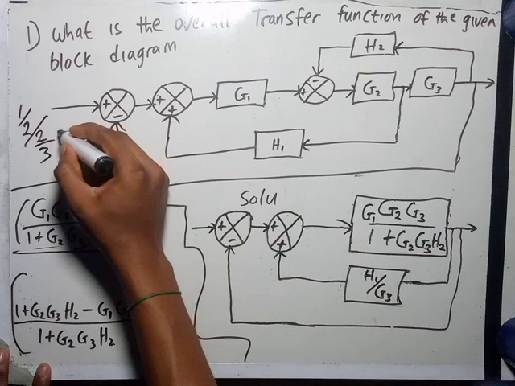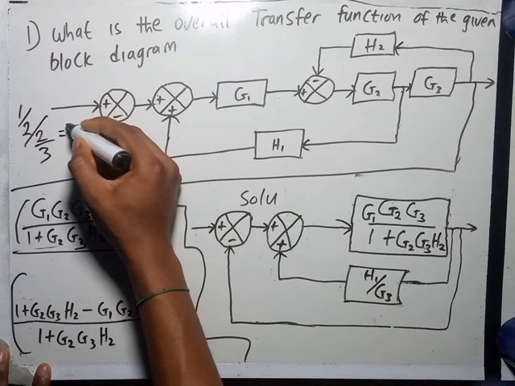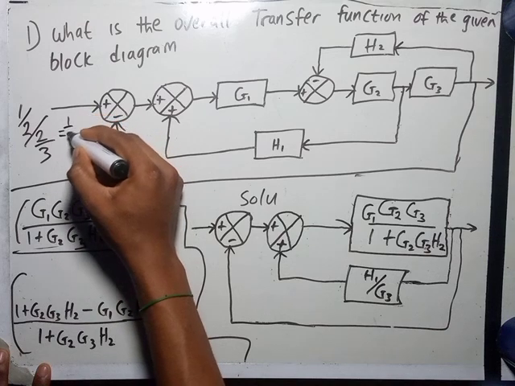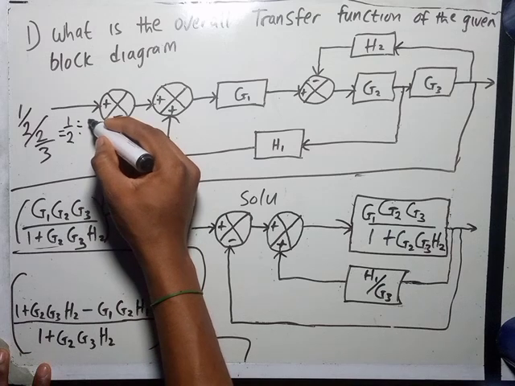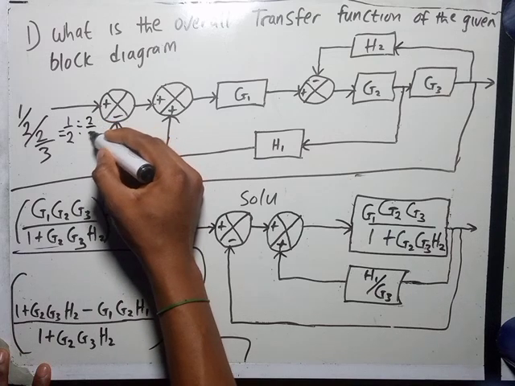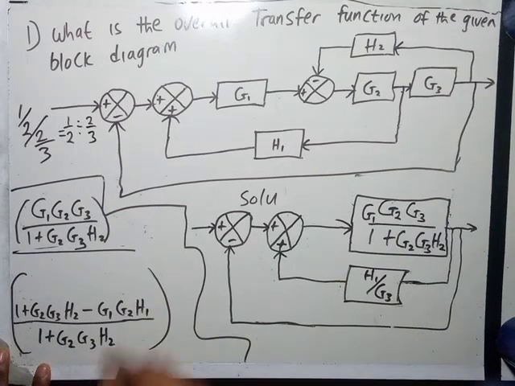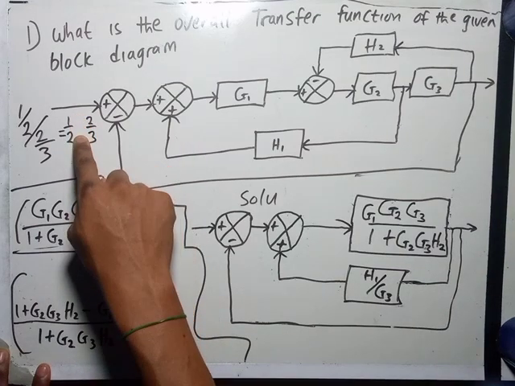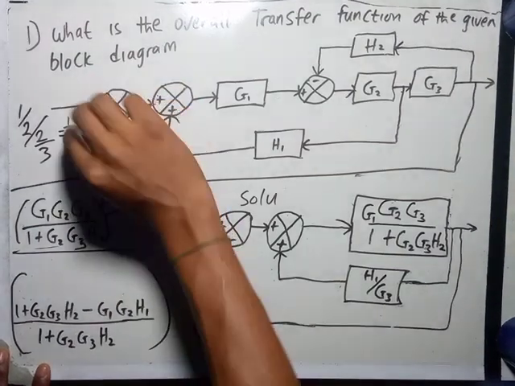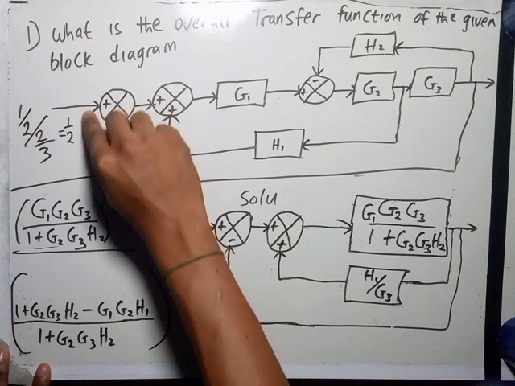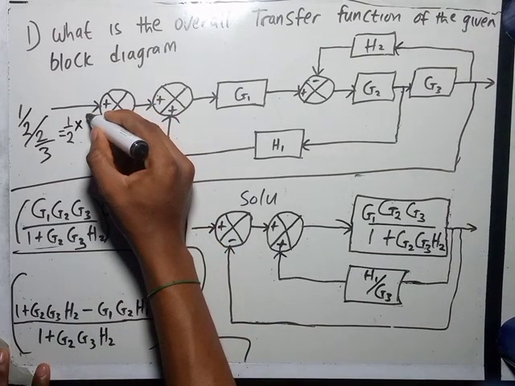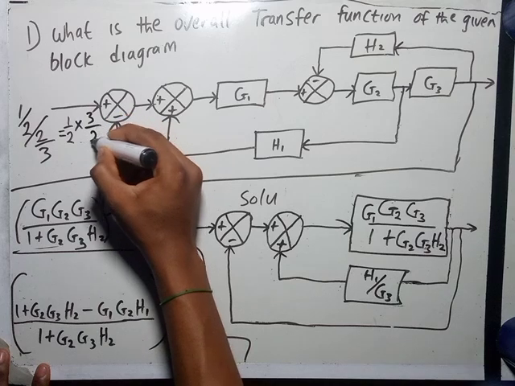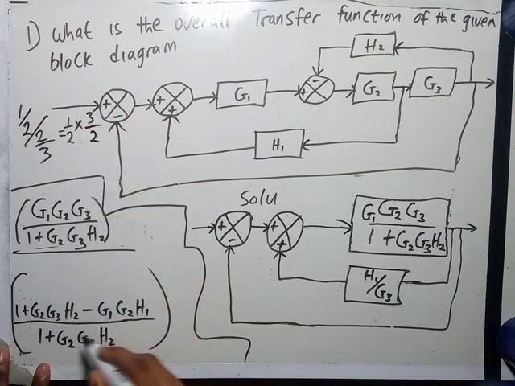You can also write this as what? 1/2 divided by 2/3. And we know that in maths, when you change this to multiplication, this guy will twist, and when it rotates, you'll be having what? 3/2.